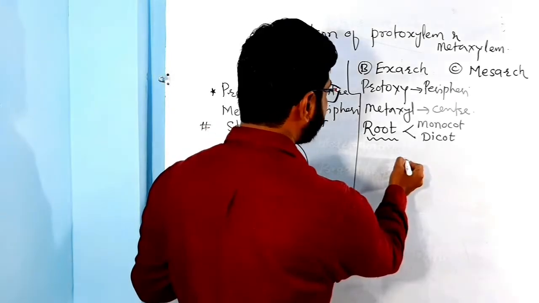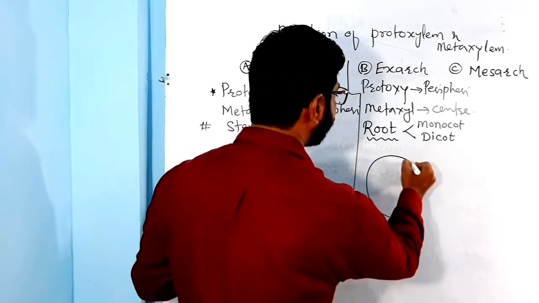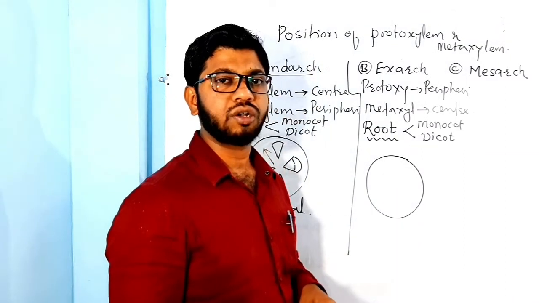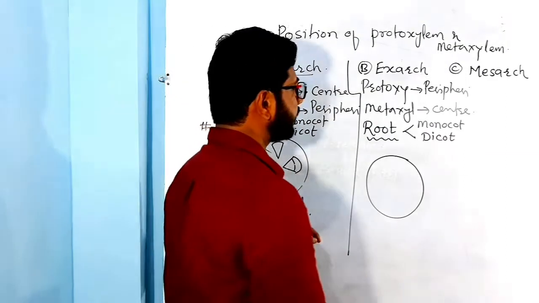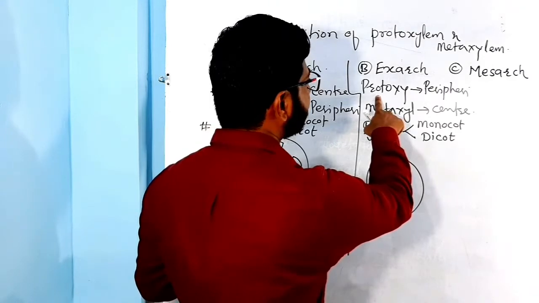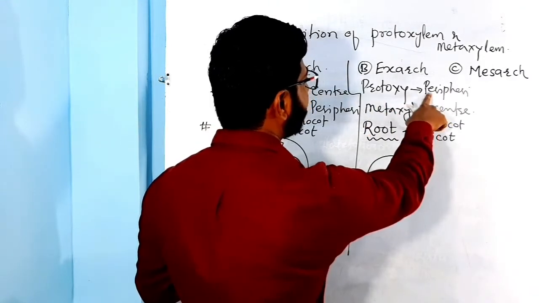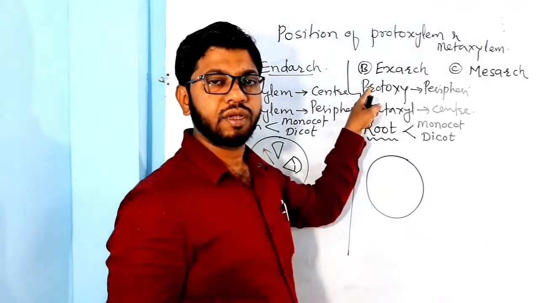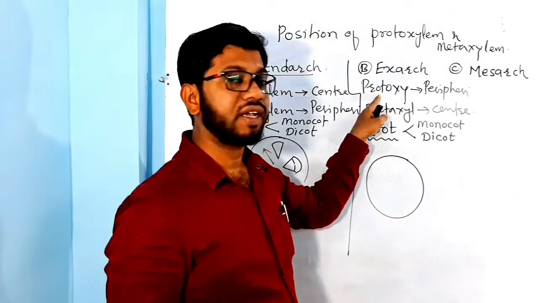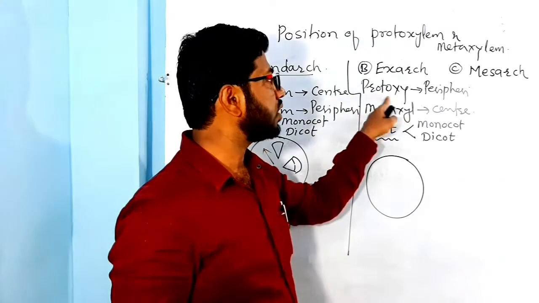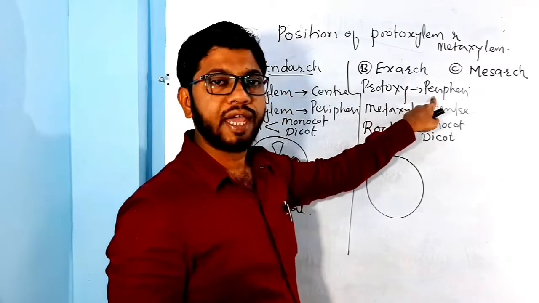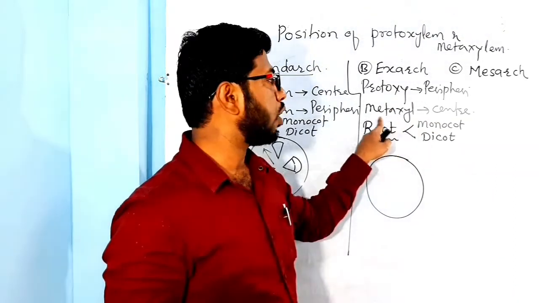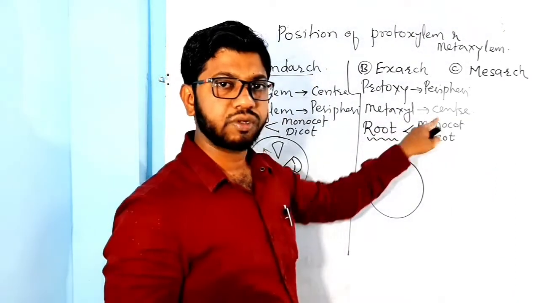Diagrammatically, this exarch vascular bundle can be represented as, suppose this is a transverse section of root, then protoxylem is always present at the periphery, and protoxylems are the first to form xylem and are always narrow. It means the narrow region occupies the peripheral position, and metaxylem, the broader xylem, occupies the central position.